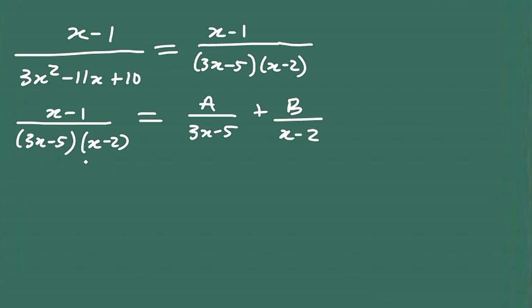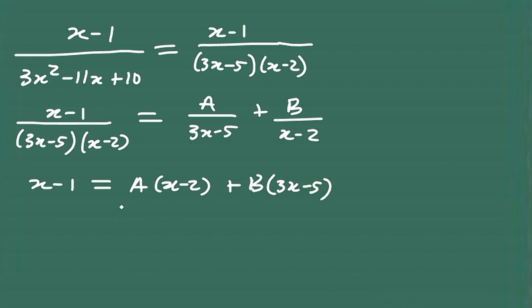If you multiply the common denominator by the term a, we are going to have a times x minus 2, plus b times 3x minus 5, on the right, and x minus 1 on the left.